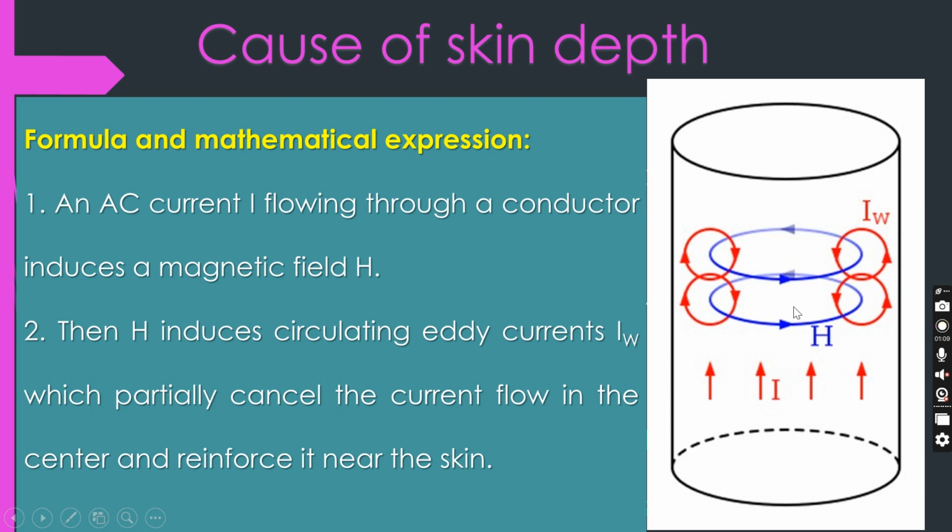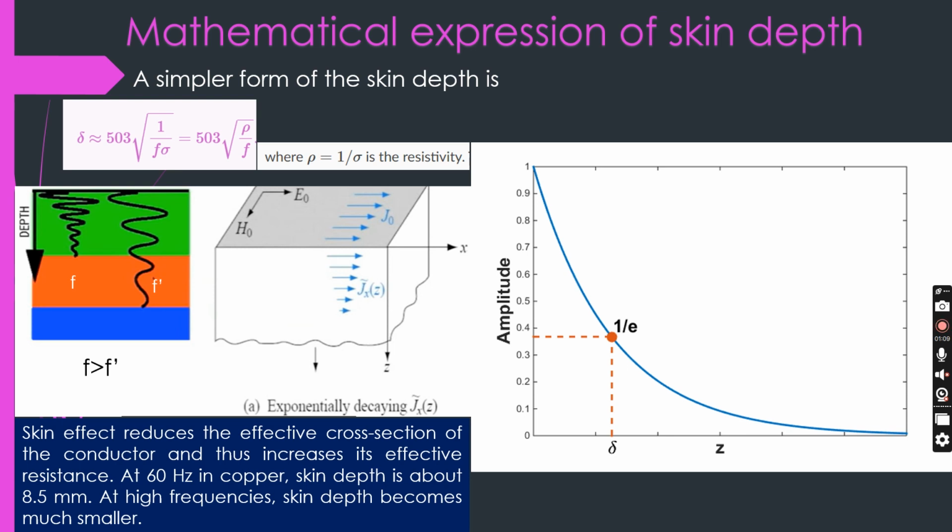Here in this middle portion, I minus IW is very much negligible. So that is the reason. Inside the conductive material, current flow is drastically, exponentially reduced.